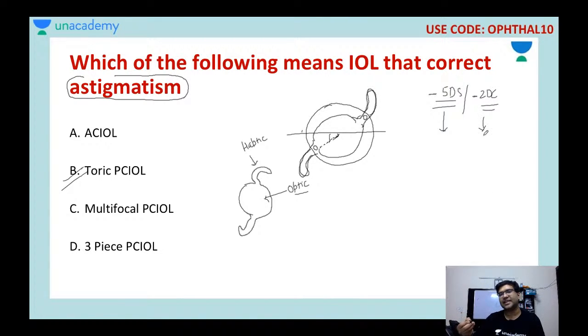What we usually say is that the cataract surgery would remove the cataract and the patient would then have to use the spectacles. Now with the best of the technology, what are the two technologies which we can use to correct the astigmatism? One is the toric IOLs that I told you here, and the other is even femtolaser. Femtolaser can also correct up to -1.5 diopter cylinder.